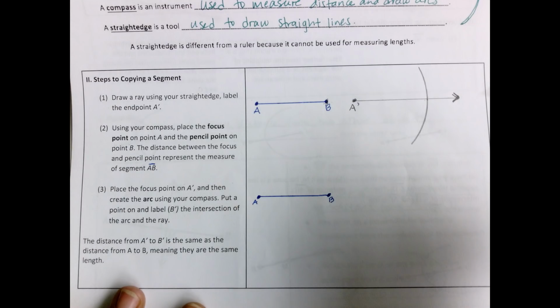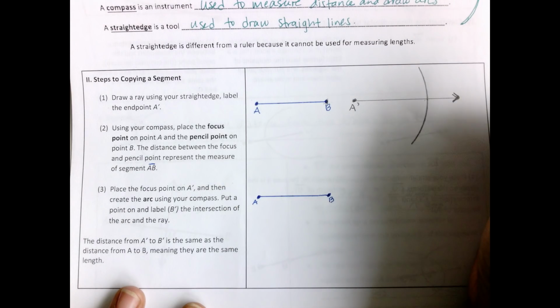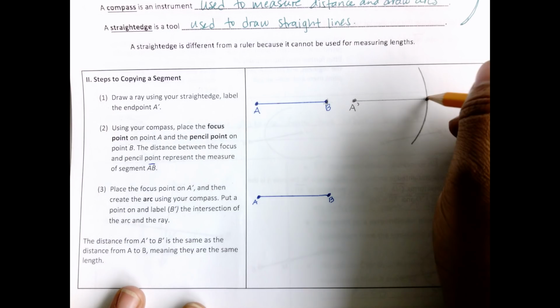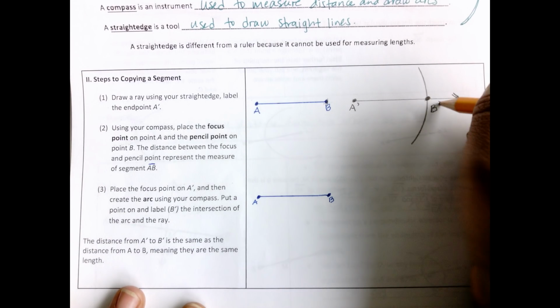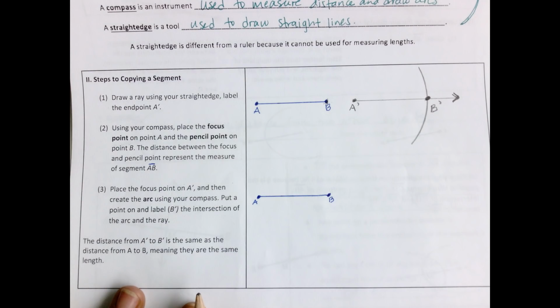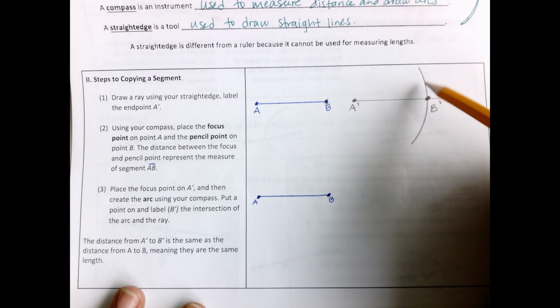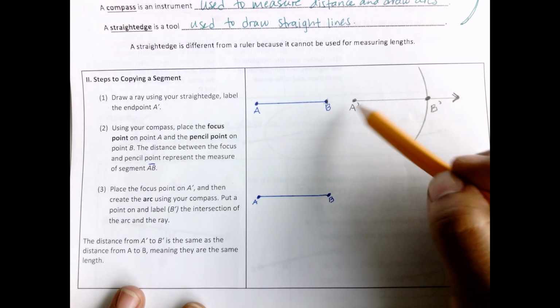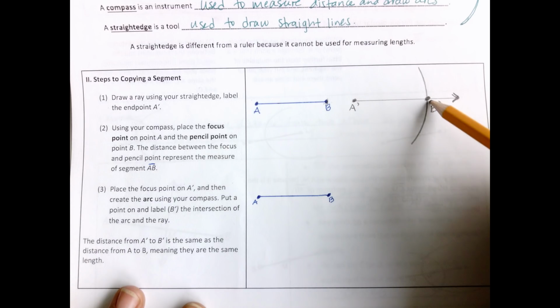And then we're going to put a point and label that point B prime. So we put that point on the intersection of the arc and the ray. So where the arc intersected this ray here, we put that point.